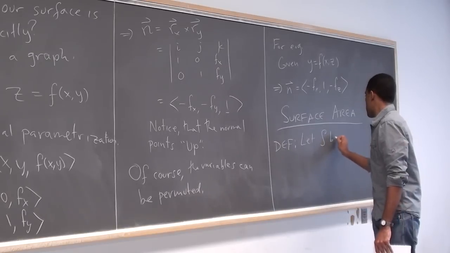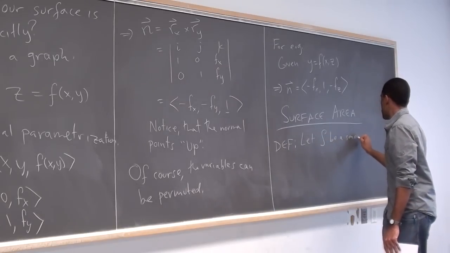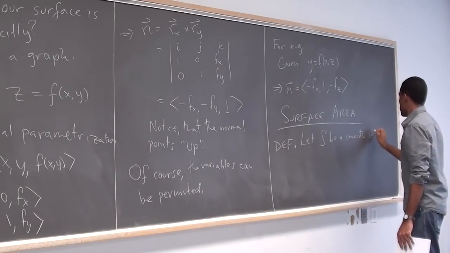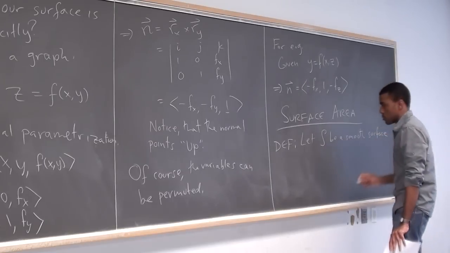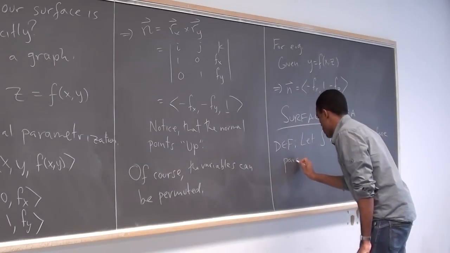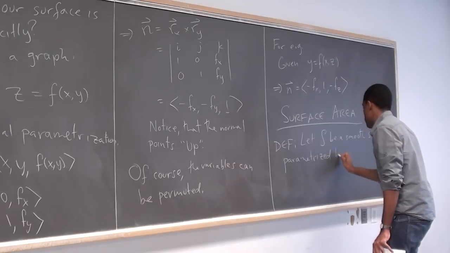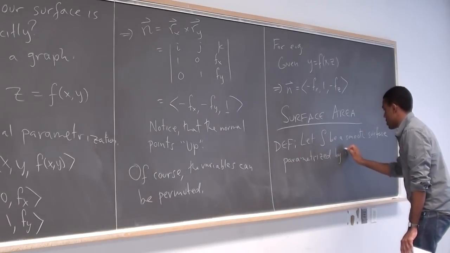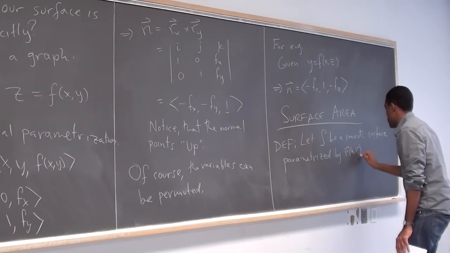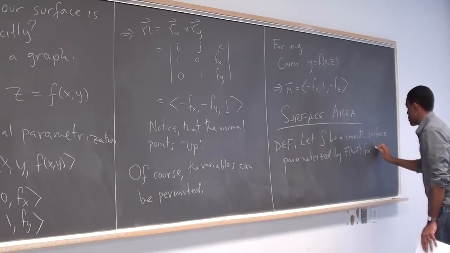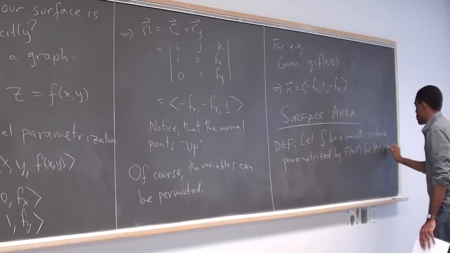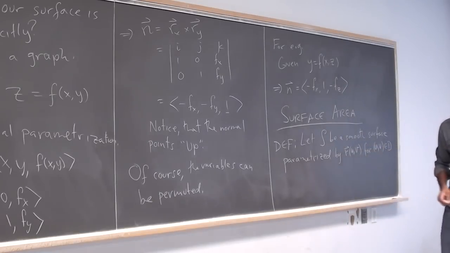Let S be a smooth surface parameterized by r(u,v) for (u,v) in some domain set D.